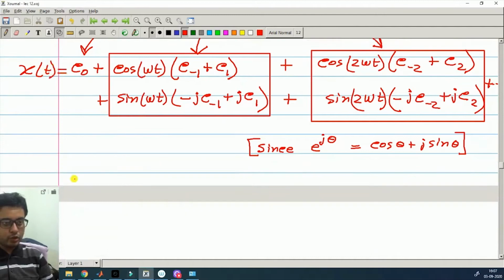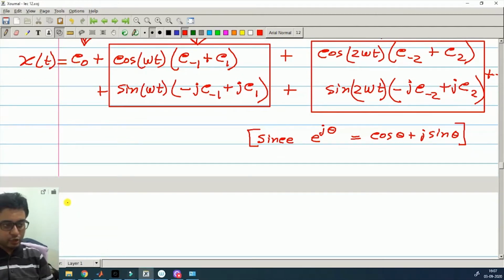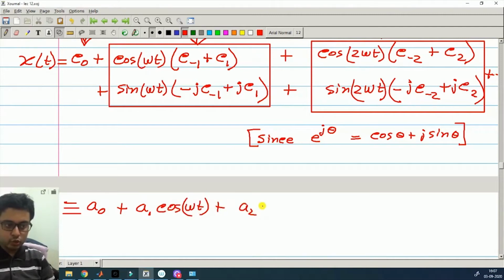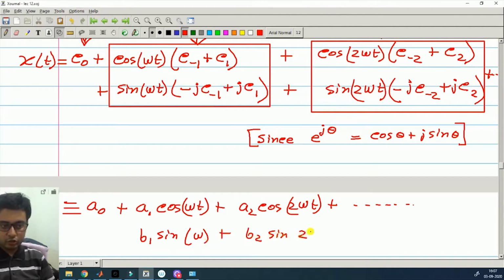Okay, now let us compare this with our previous Fourier series expression as a0 plus a1 cosine omega t plus a2 cosine 2 omega t plus dot dot dot, and b1 sine omega t plus b2 sine 2 omega t, and so on.